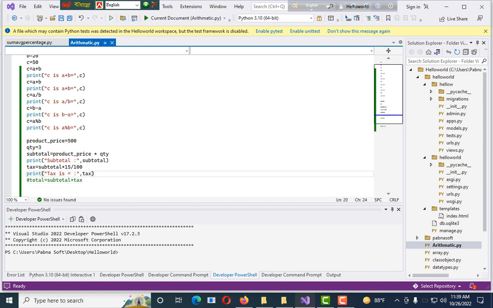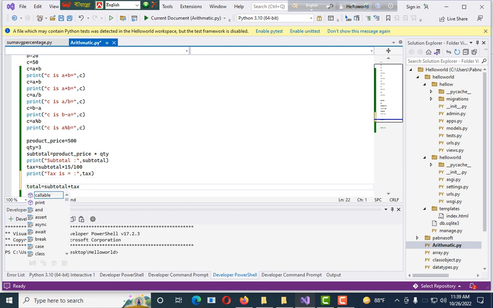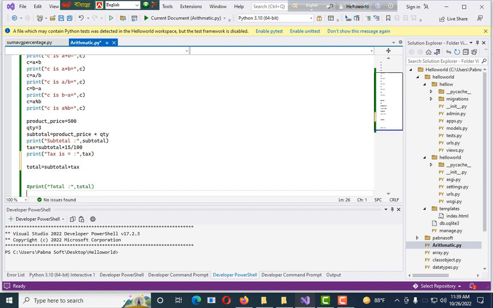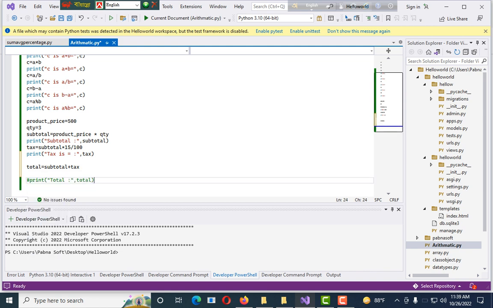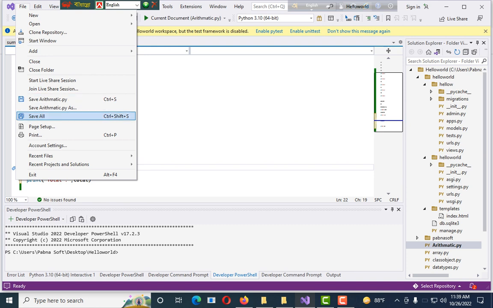Now we will calculate total price. Total price equal to subtotal plus tax. Subtotal plus tax, and that is called the total, okay. Now we will find out the total price of this product.